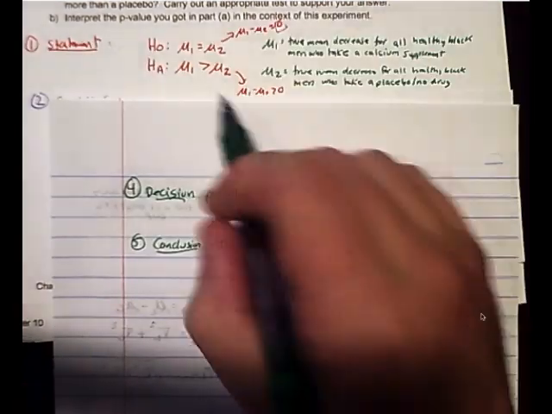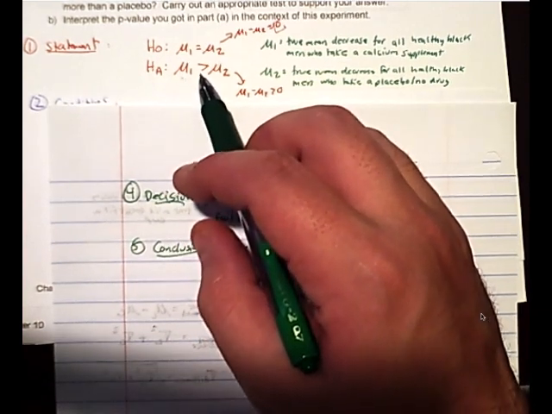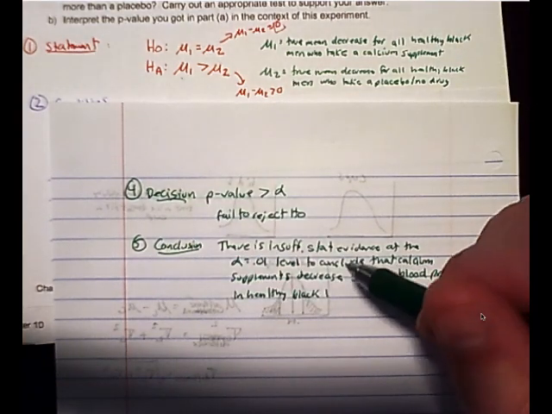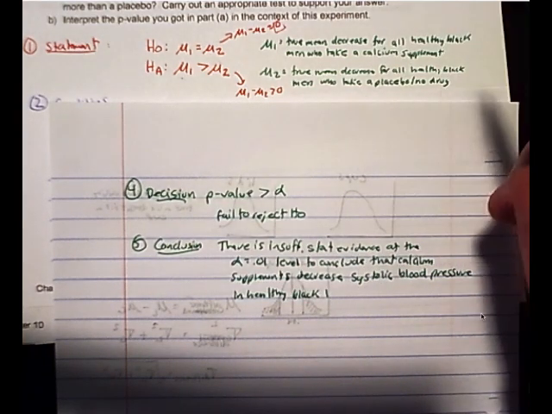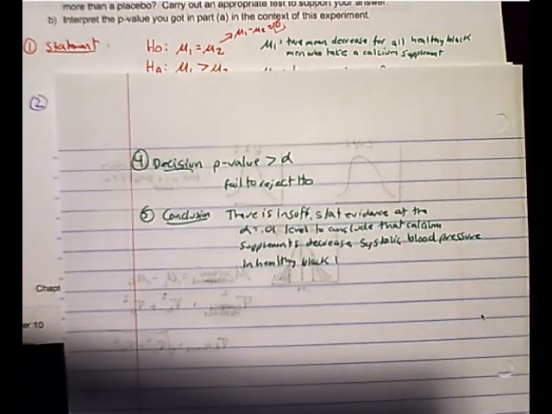Okay, because the mean decrease was not actually greater. There wasn't enough evidence. So we just say that they're the same. The mean decrease is going to be the same, or we can't get rid of that assertion. All right, so that's that problem.